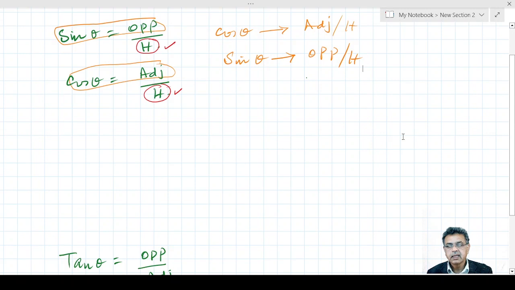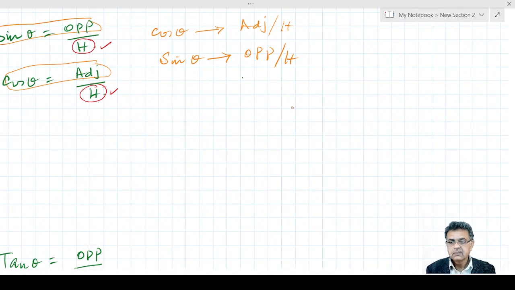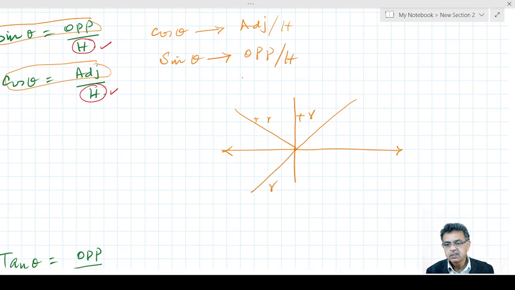The second thing which makes an effect is that we have already discussed the angles in a grid, four quadrants. If the length of a line is r, wherever it is, it is positive. This is r, or if the line is here, this is r.